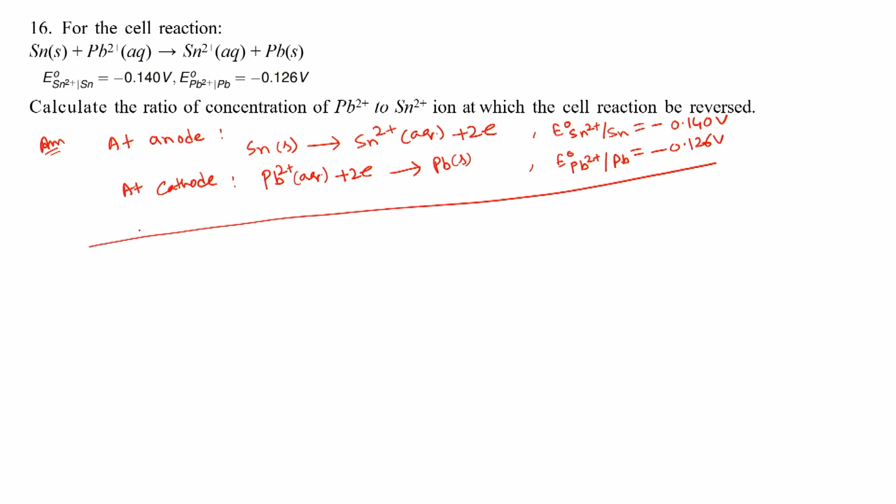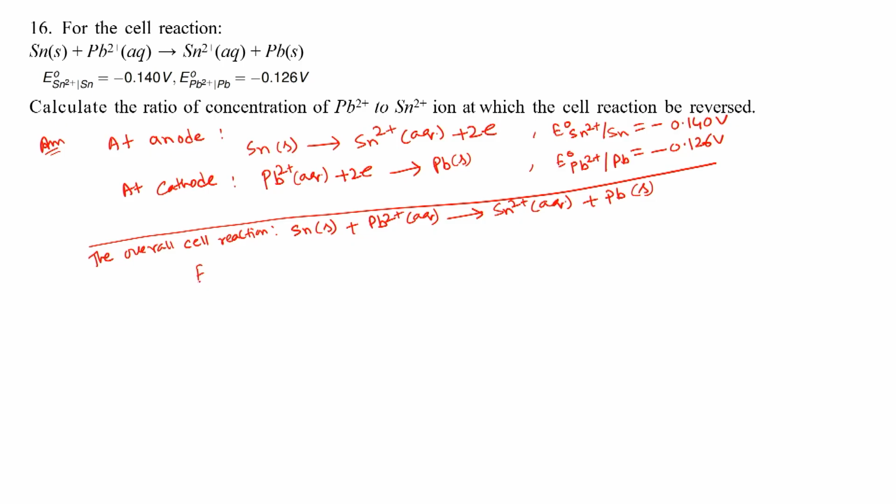Then we get the overall cell reaction like given above. So the overall cell reaction is nothing but what is given in the question: Sn solid plus Pb2 plus aqueous gives Sn2 plus aqueous plus Pb solid.